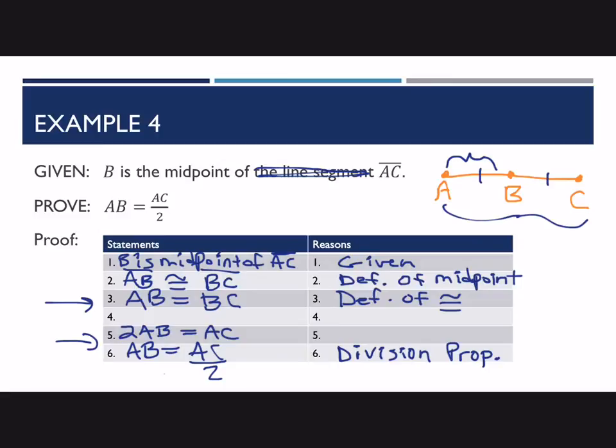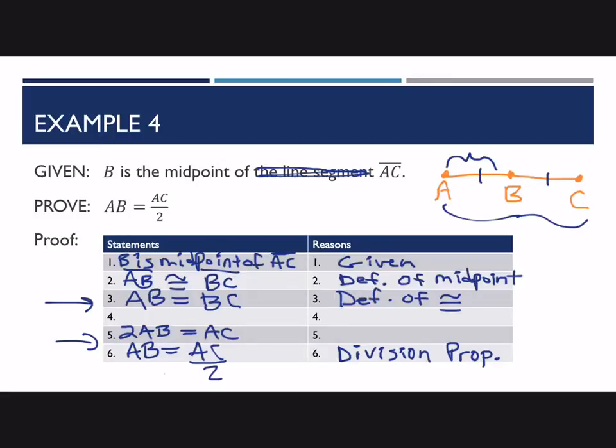Well, anytime you're talking about segment lengths, if you're stuck, just flip through and start looking at the definitions and postulates, and look for anything that's relevant or seems to be discussing segments and lengths. And you may notice the segment addition postulate.